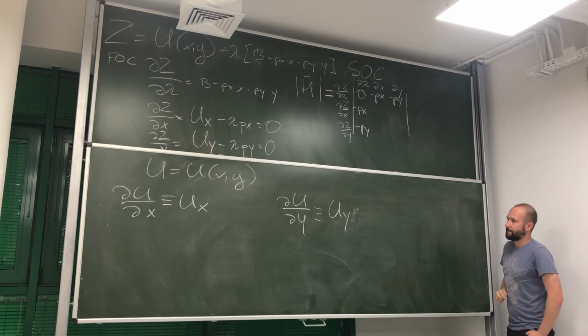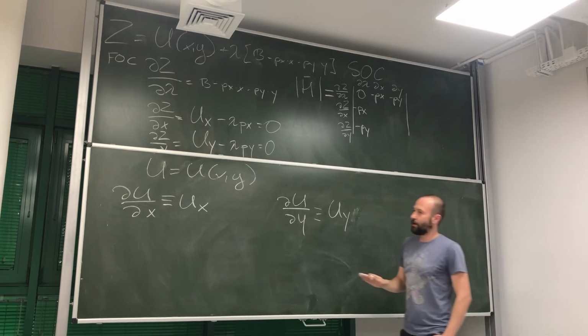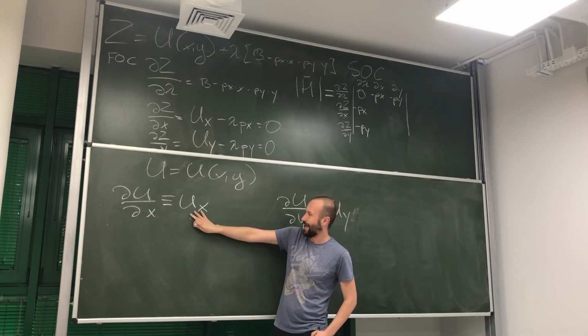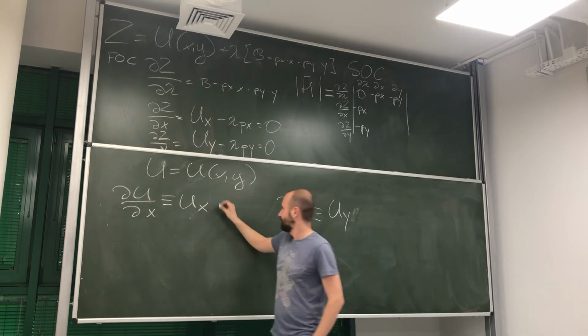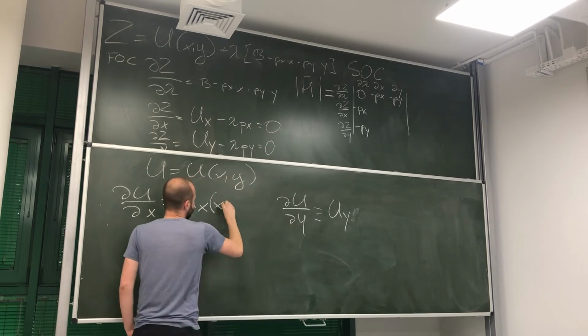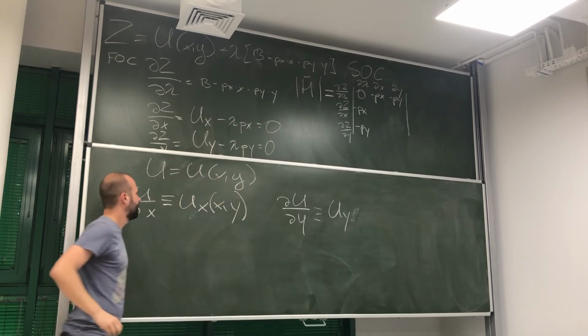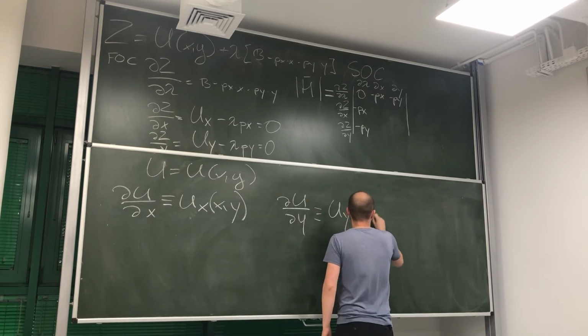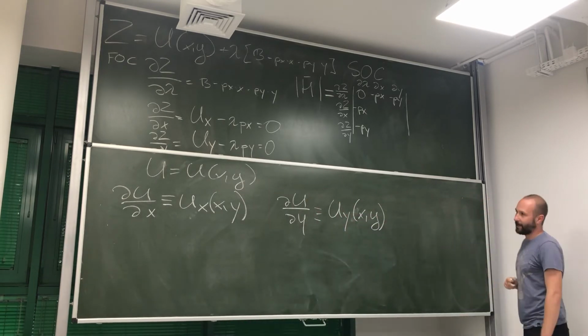However, look, even though this is marginal utility with respect to x, this function is a function of x and y. And the same goes over here. What do I mean by that?